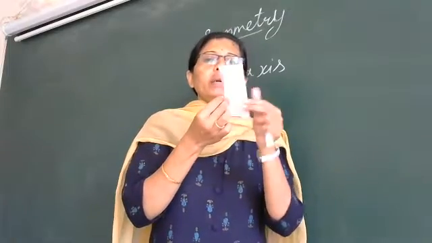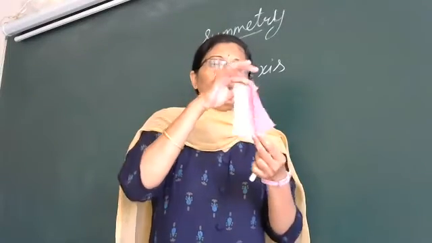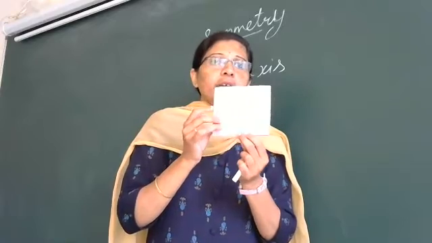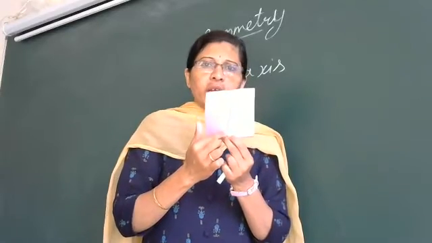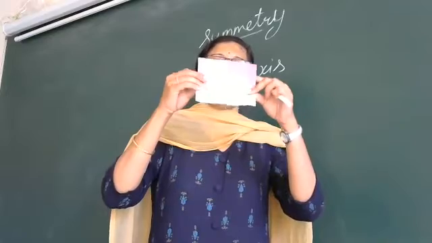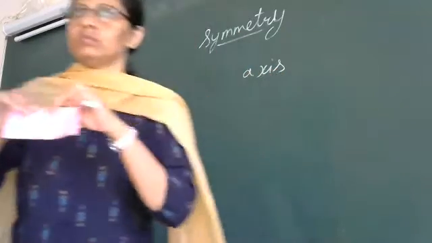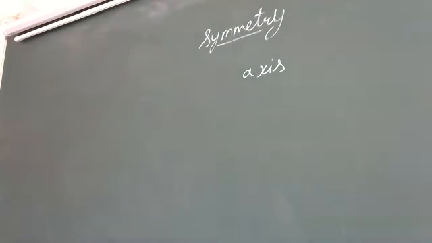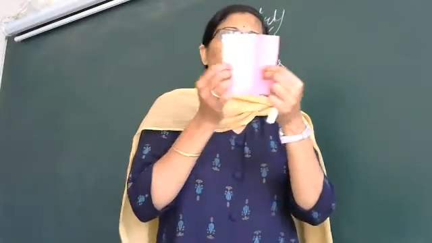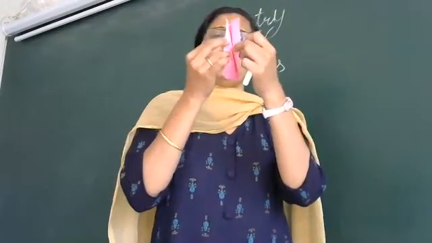And if I fold in the middle, I will get this line of symmetry. If I fold here in the middle, like this, we can see here two times I have folded, horizontal also, vertical also.